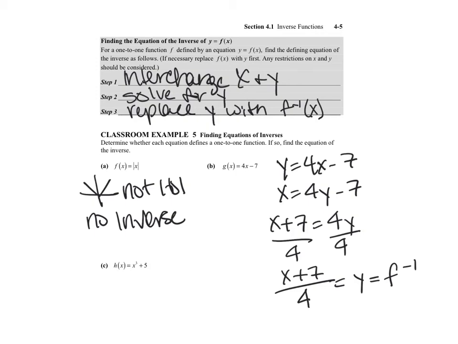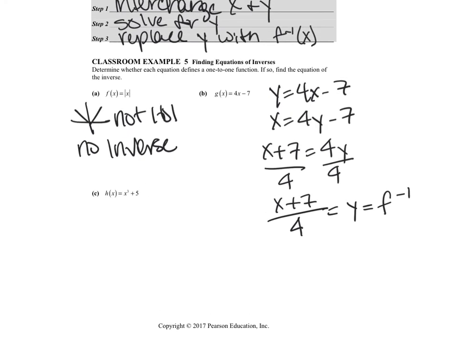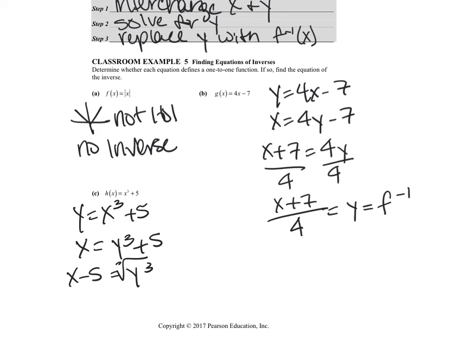And then the same thing on c. Y equals x cubed plus 5. X equals y cubed plus 5. X minus 5 equals y cubed. Cubed root both sides. So the cubed root of x minus 5 equals y, which is the inverse.